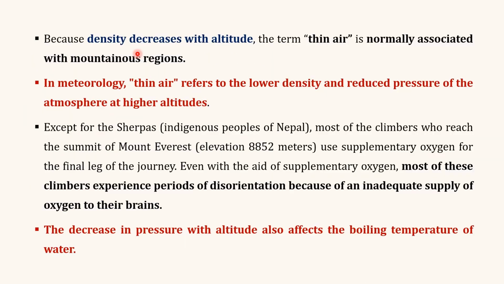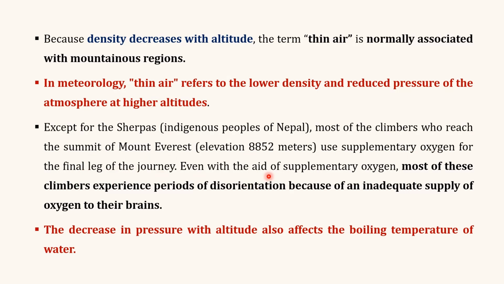As density decreases with altitude, the term thin air is normally associated with the mountainous regions. In meteorology, thin air refers to the lower density and reduced pressure of the atmosphere at higher altitudes. Because of thin air at higher altitudes, most of the climbers who reach the summit of Mount Everest use supplementary oxygen for the final portion of their journey.